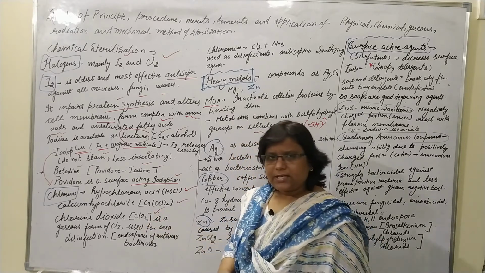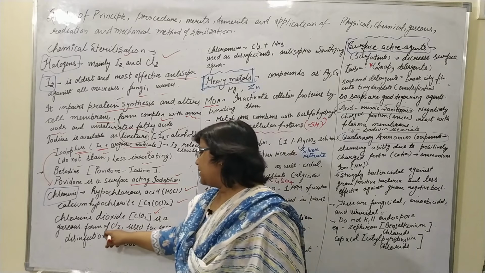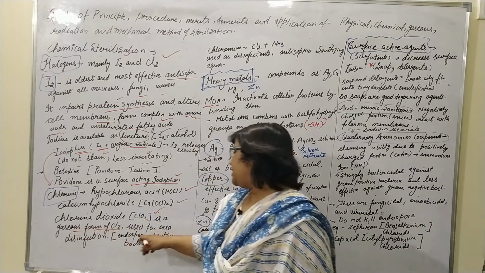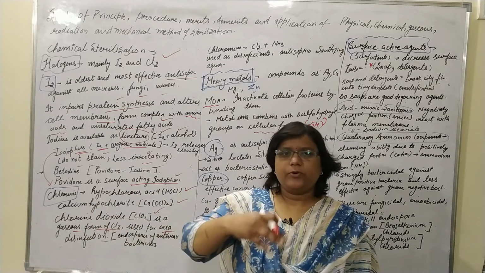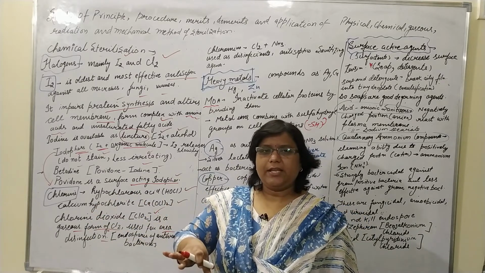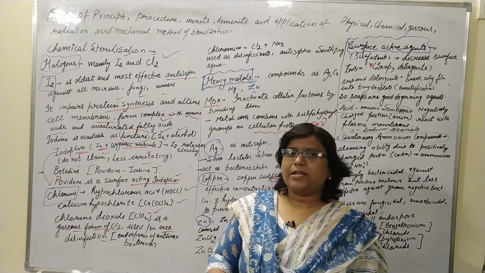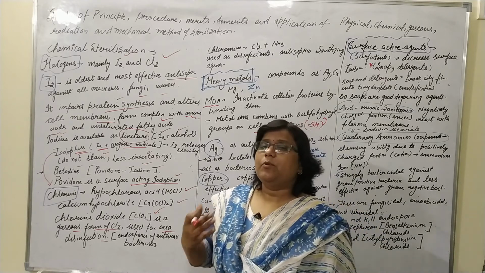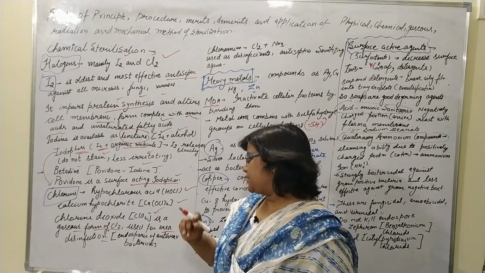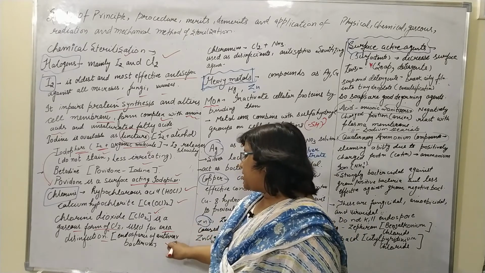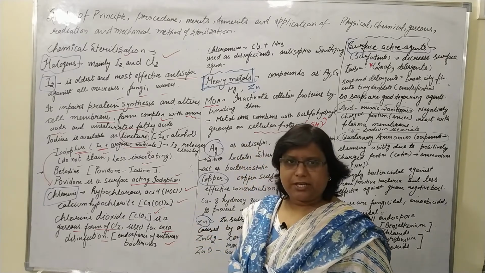Chlorine dioxide is a gaseous form of chlorine used for area disinfection. If we want to clean a particular area, chlorine dioxide, the gaseous form, is an important chemical. It helps to kill the endospores of the anthrax bacterium.